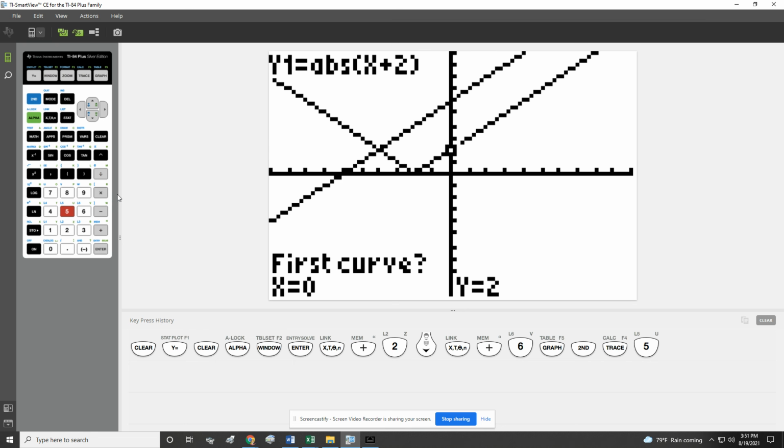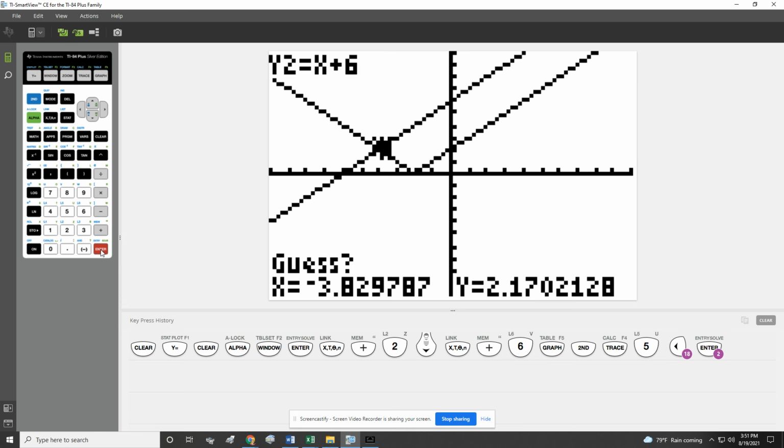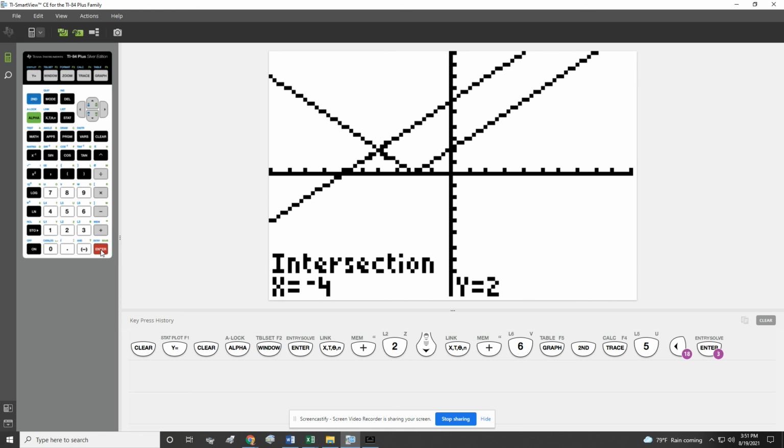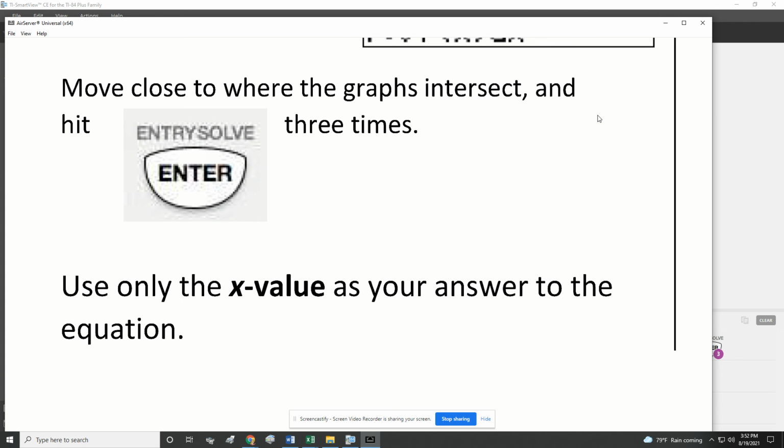So we get this little flashing cursor, and if you look at your sheet, it tells you to move that little flashing thing close to where the graphs intersect, hitting the left or right arrows. Right. And then we're going to hit enter 3 times. All right. And then it tells you on the sheet that you use only the x part of the intersection. So the answer to this equation is x equals -4.